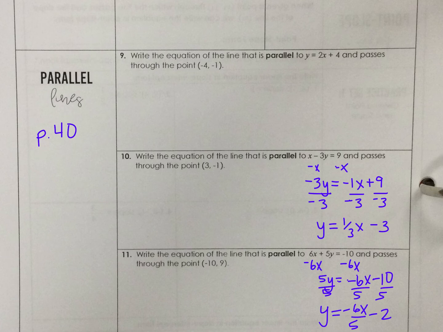All right, on this page, we're going to start at number 9. Write an equation for a line that is parallel to y equals 2x plus 4 and passes through the point negative 4, negative 1. So this is my x1 and y1, so I'm going to label that. And if it's parallel, it means that is going to be its slope.